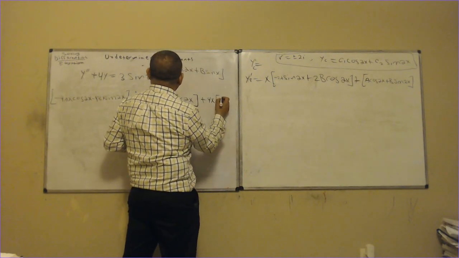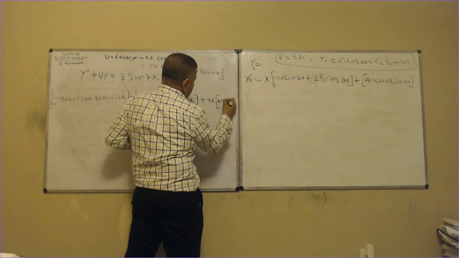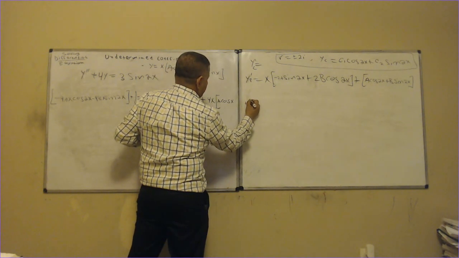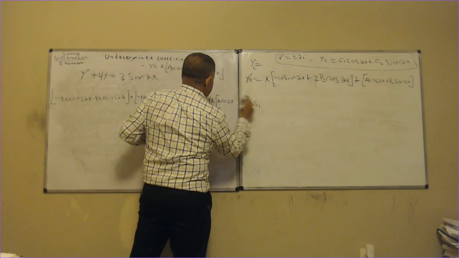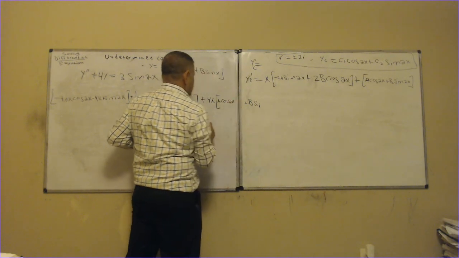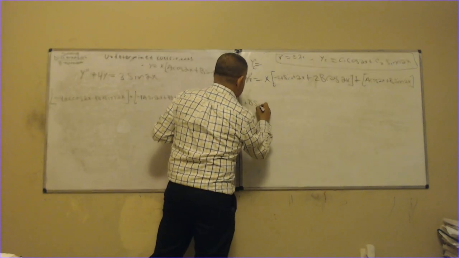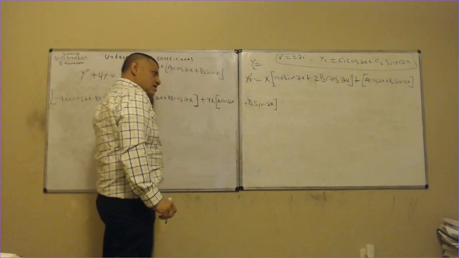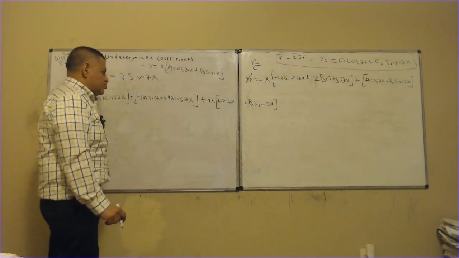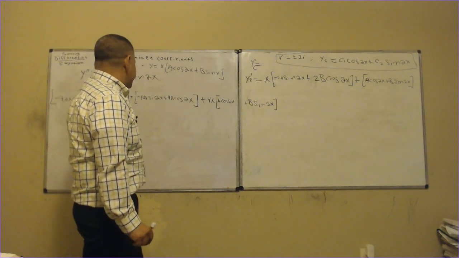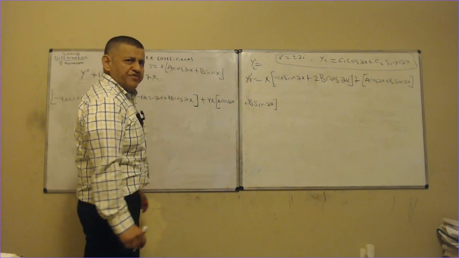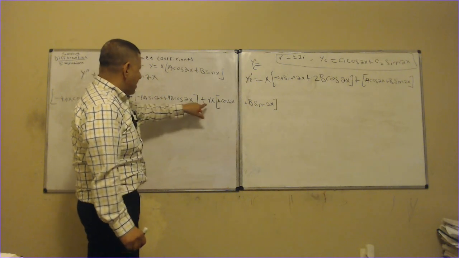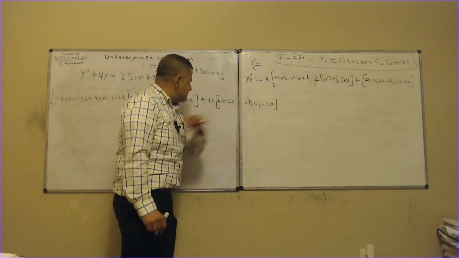Now, inside, I have to put a cosine of 2x plus b sine of 2x. Okay, now you see where I'm going with this. So now this is my y, but I need to distribute that inside.